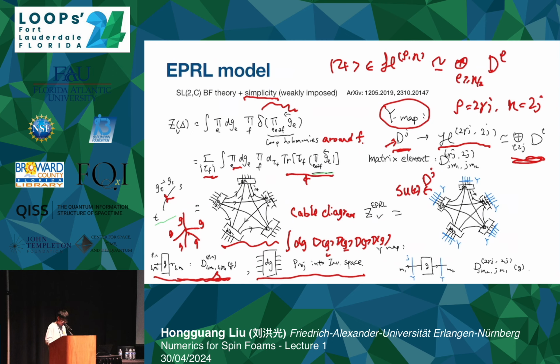And here I write how the group element acts under the Y map, for the Y map action on the matrix element. So this matrix element is then taken only on the SU2 states. So it's basically given by Y, g, Y, with the tilde being SU2.